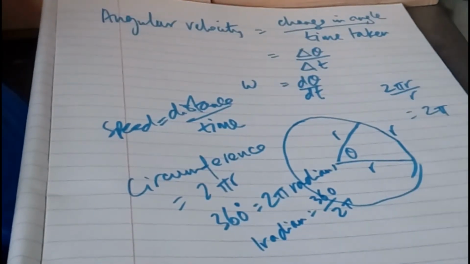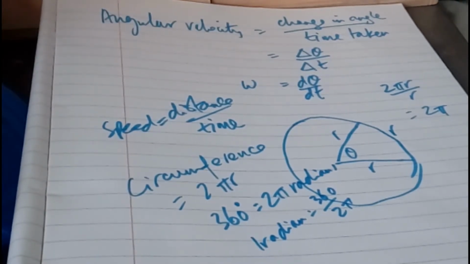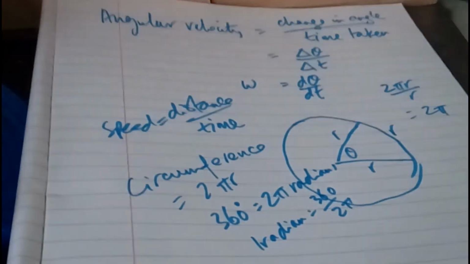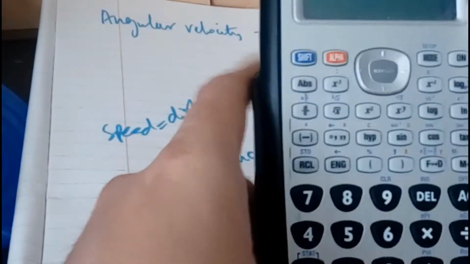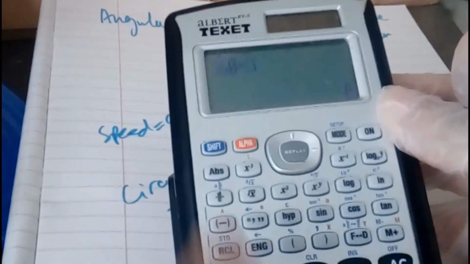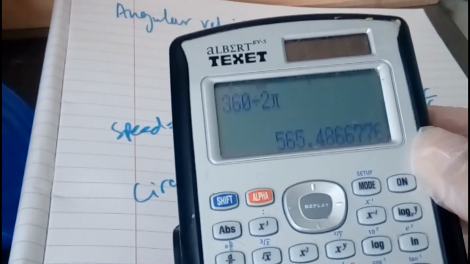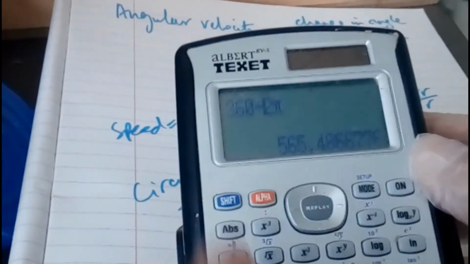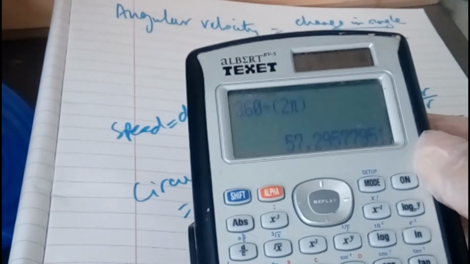So let's find a calculator. Alright, let's use this one. So we have 360 divided by 2 pi, which gives about 57.3.